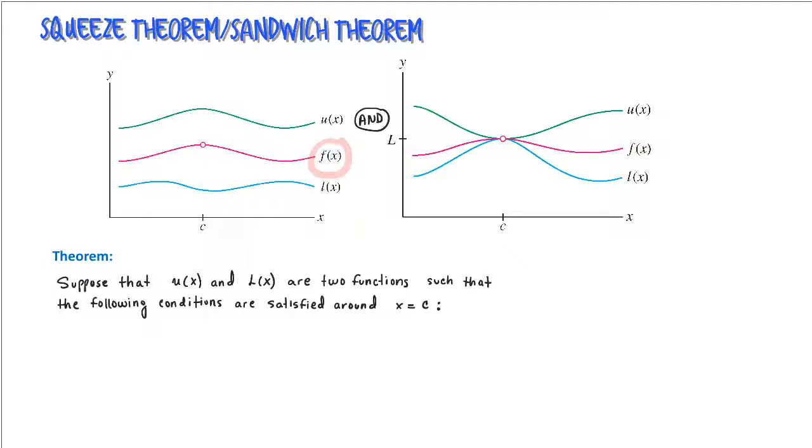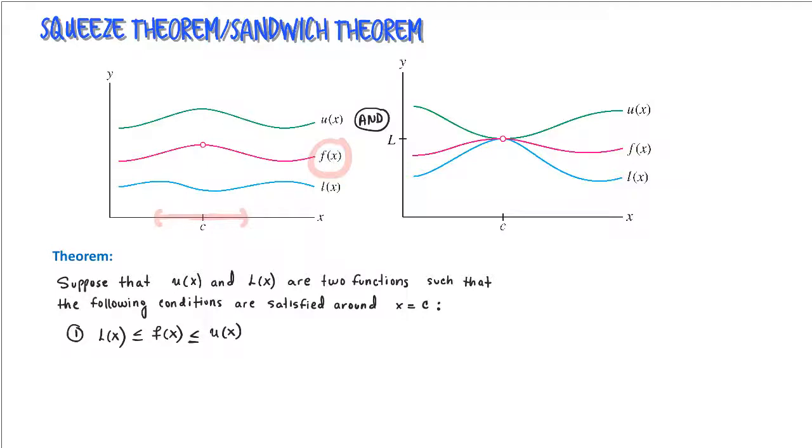Again, let me go back over here and highlight a small neighborhood around c, emphasizing that a limit is a neighboring process. So around c, these are the two conditions that must be satisfied. Condition number 1, f of x has to be a function between u of x and L of x. And sometimes this is the hard part of using the squeeze theorem.